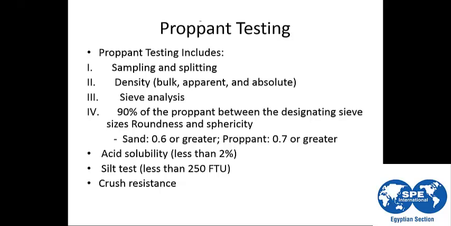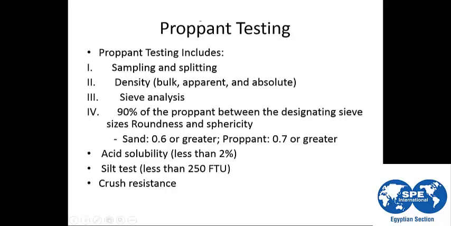So these are the tests that we are using to evaluate our proppant. First test is sampling and splitting. We have a density test, and sieve analysis. For the sieve analysis, 90% of the proppant should be between the designated sieve sizes, and round and sphericity.